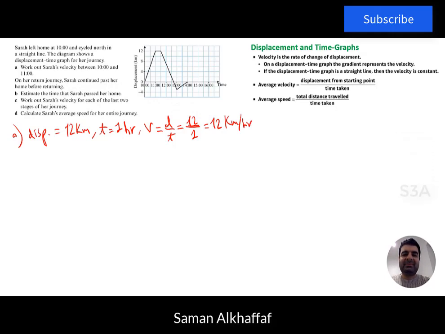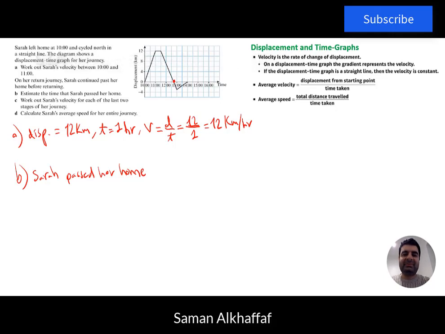Now, in terms of finding the estimated time that Sarah passed her home, we look at the time. So we're estimating this to be at approximately this point. So we say Sarah passed her home, and the reason why is because it's crossing the x-axis.